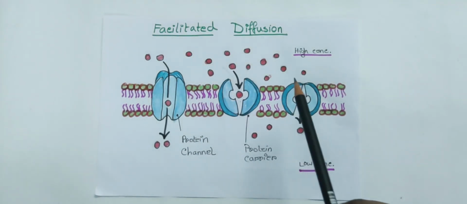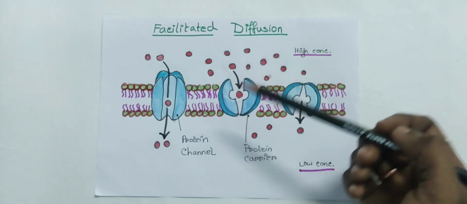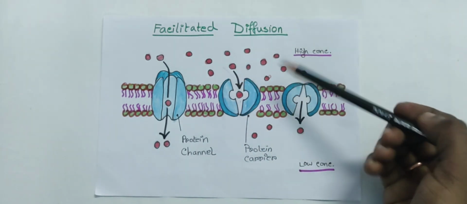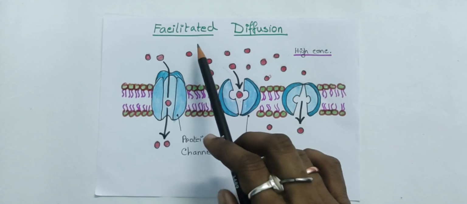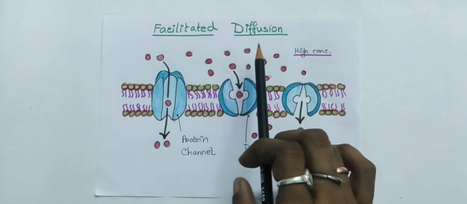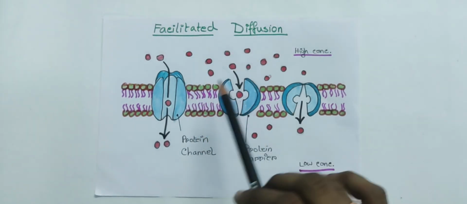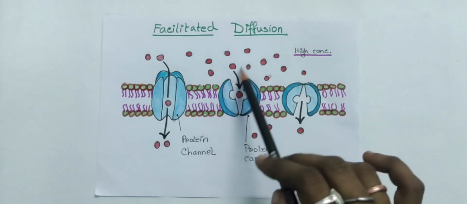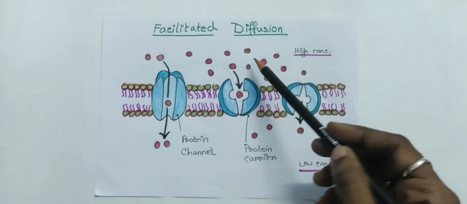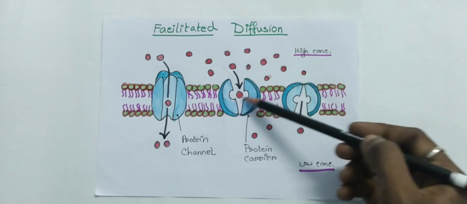In all passive transport, the molecules move from a higher concentration to a lower concentration. Here is one type of passive transport, that is facilitated diffusion. Here the thing is also the same: a higher concentration gradient at the outside of the cell membrane, and these molecules are moving through the carrier proteins.